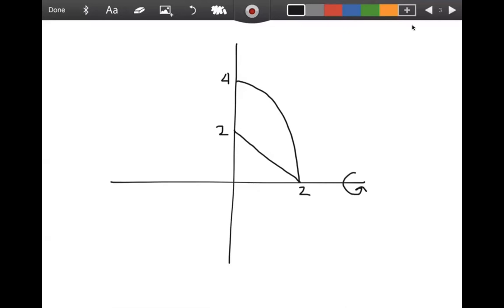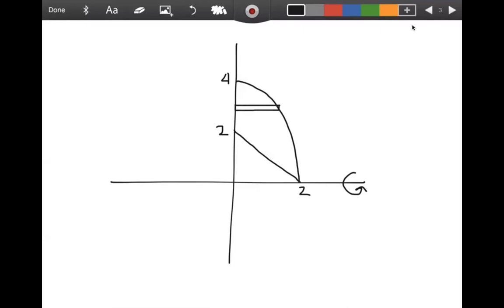So if we're using shells, the rectangle is parallel to the axis of revolution. So a couple of complicating factors with this situation. First of all, the rectangle is horizontal, which means that these functions are going to have to be rewritten as functions of y.